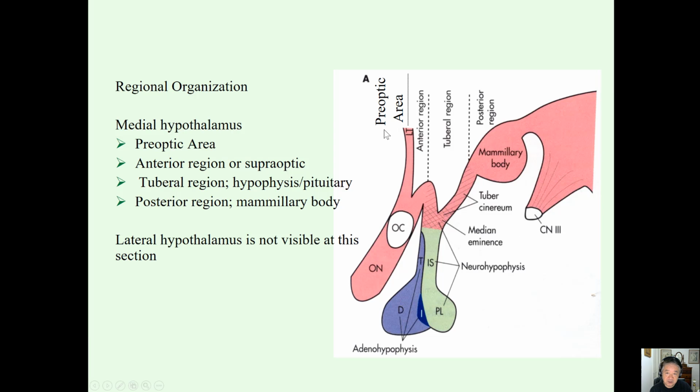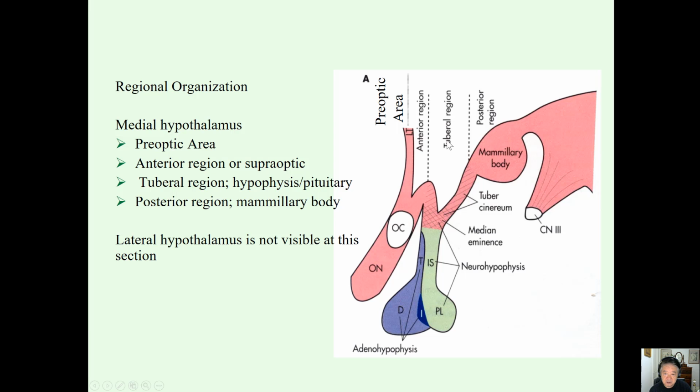The most anterior region is called the preoptic area because it is anterior to your optic nerve. Here is your anterior region, just above the optic chiasma.